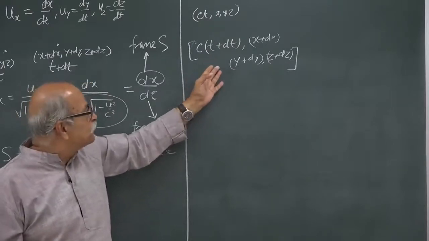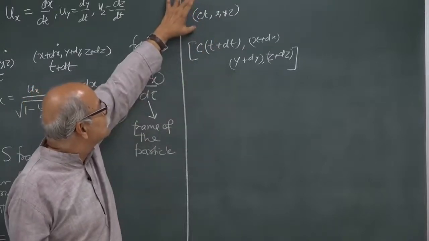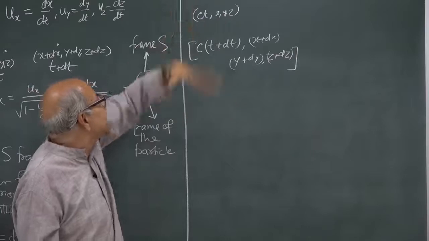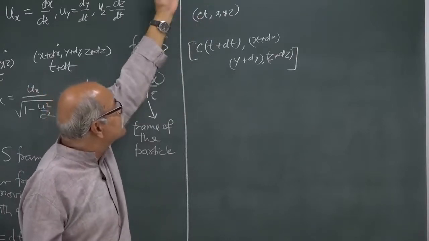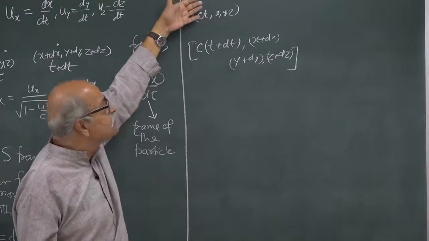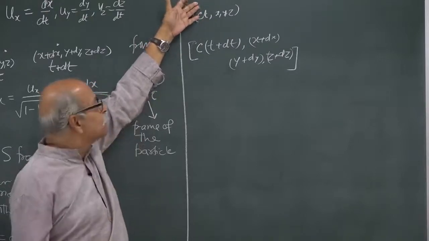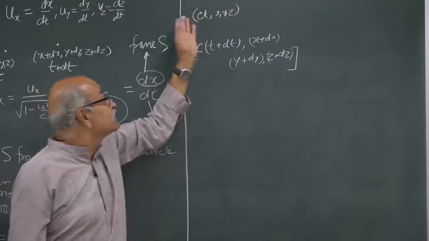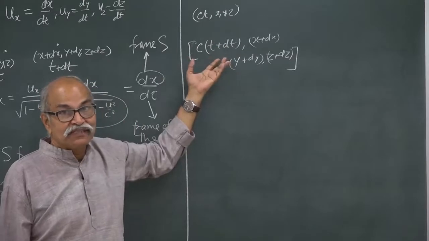So, this is a 4 vector, this is a 4 vector, and this transforms according to Lorentz transformation. If I change the frame, then time is different, x is different, y is different, z is different, and the Lorentz transformation will relate the two. Similarly, here also you have position, you have time, and you can do a Lorentz transformation.